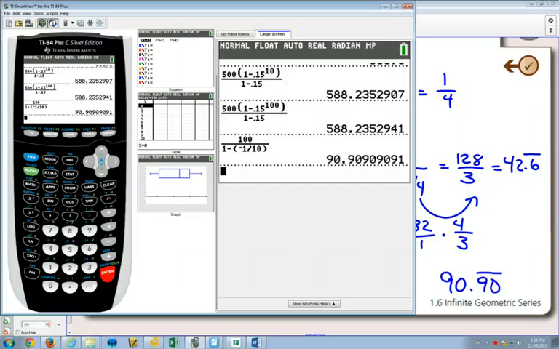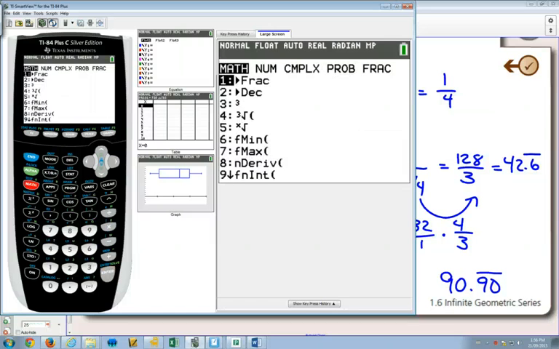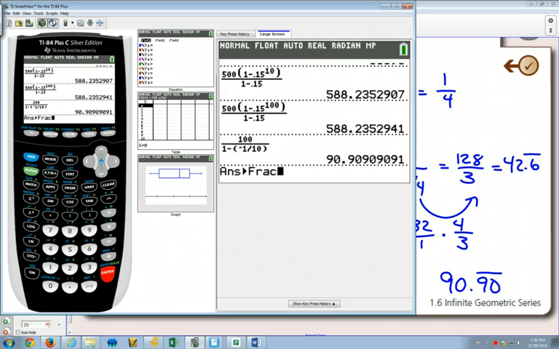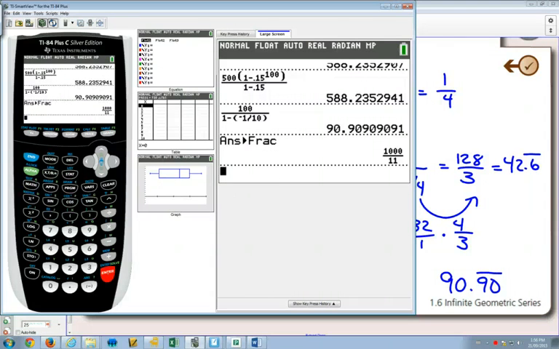If you're wondering, is there a way to change this decimal to a fraction on my calculator? If you haven't done this before, hit the math button, and the very first option says change to a fraction. If you take that answer and change it to a fraction, it shows you that in reduced form, it's 1,000 over 11. This is also helpful if you are trying to reduce a fraction.